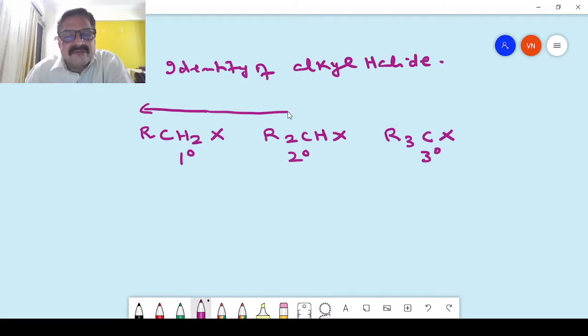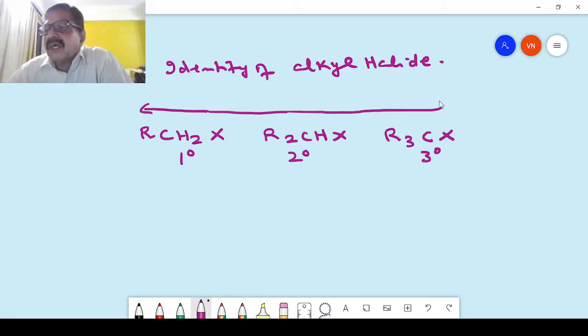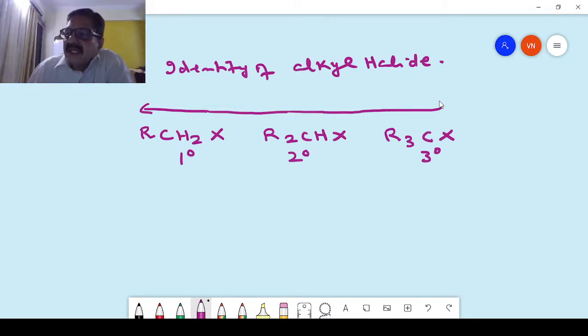As the alkyl substitution increases, as the number of R groups on the carbon atom with the leaving group increases, the rate of the E2 reaction increases, unlike in the case of the SN2 reaction. Here it will be increasing rate of SN2.